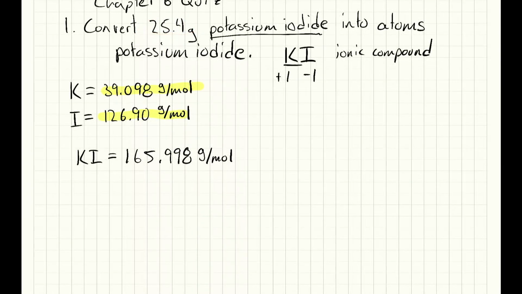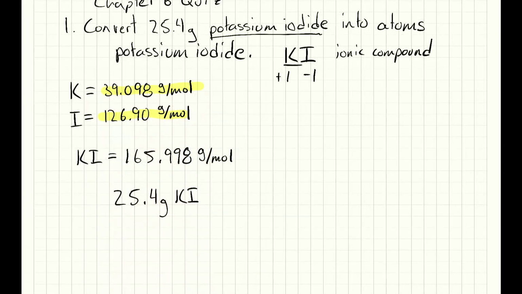So we have 25.4 grams of KI. We start with this number because this is the quantity that we're given. This is going to be our conversion factor. It's a conversion factor because it's 165.998 grams per mole. Per means division.